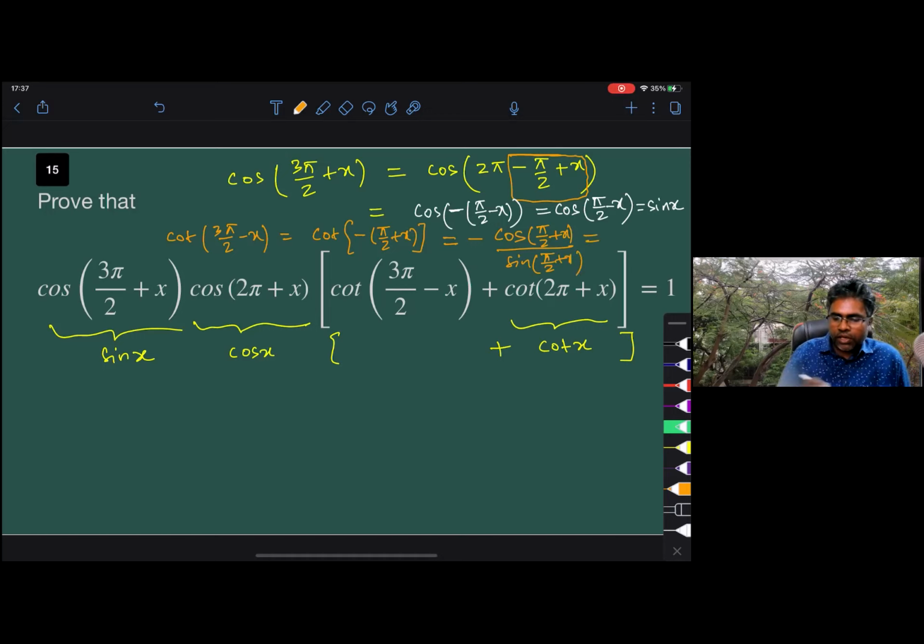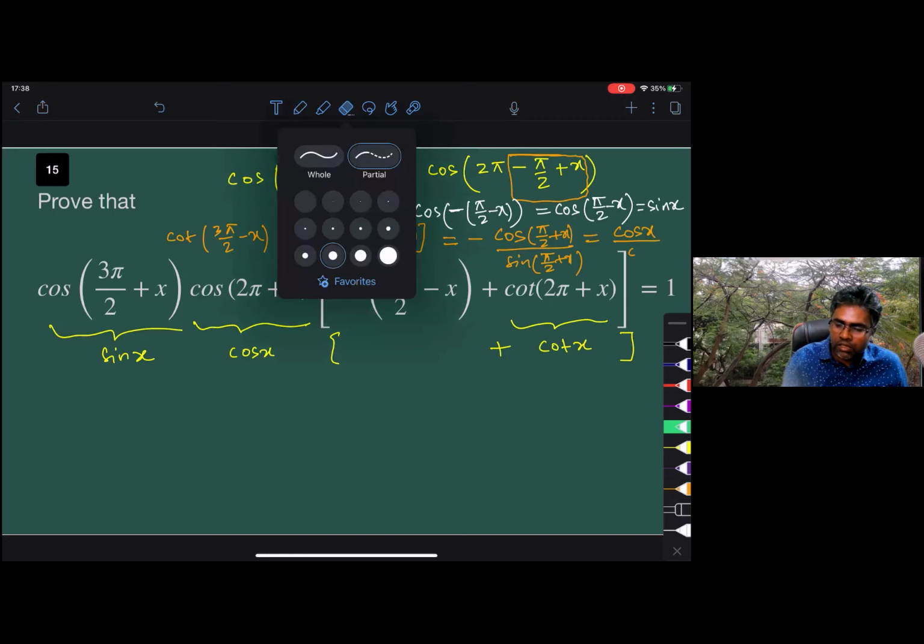Now your cos pi by 2 plus x, assuming your x is acute, will take you to the second quadrant. So you will get a negative cos x. So you already have a minus sign, so it will make it cos x. And then sine pi by 2 plus x will be just cos x. Oh, sorry, I made a mistake here. The numerator will be sine x.